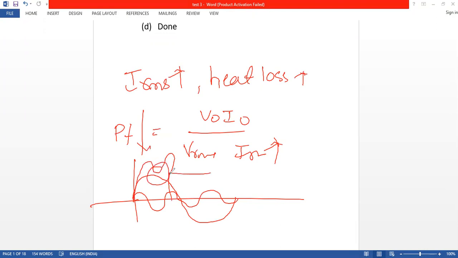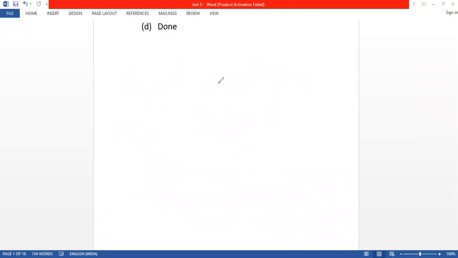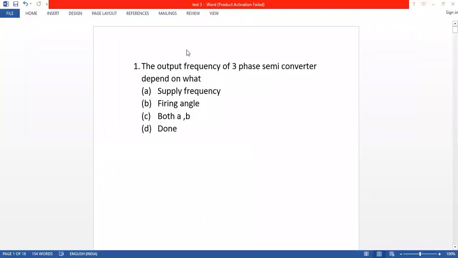This dip will be taken by the control system as a zero crossing point, and your lag and lead compensator will give a wrong signal to your control system. So these are some of the disadvantages. What I want to say here is that half wave rectifier is not used.